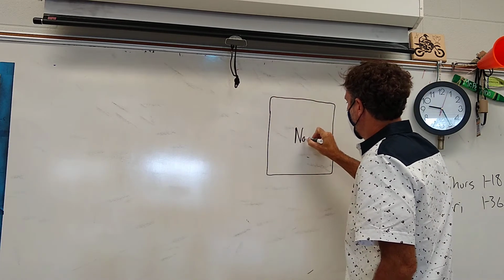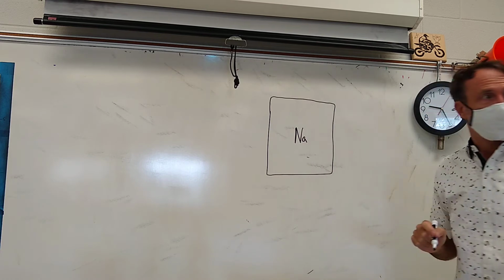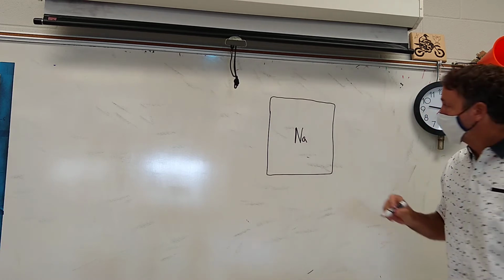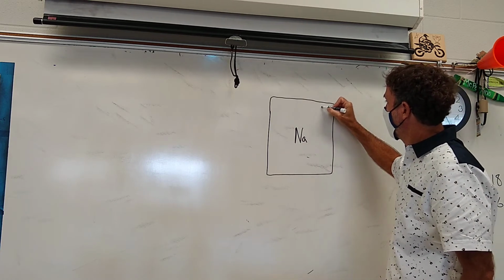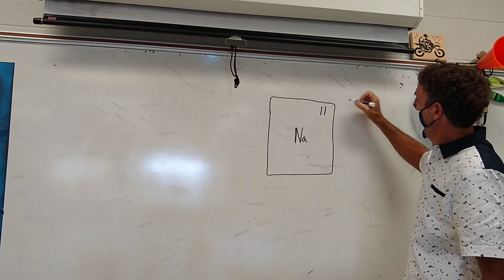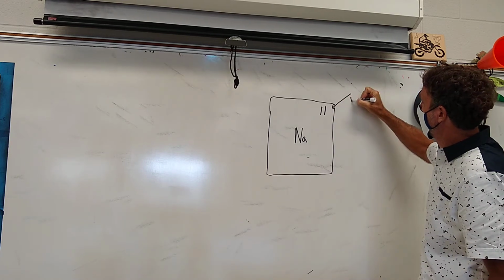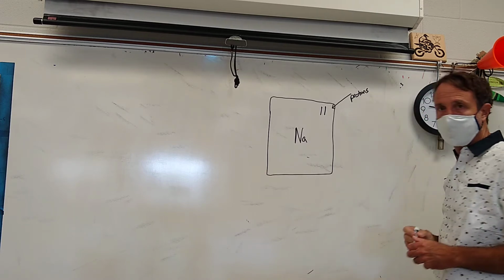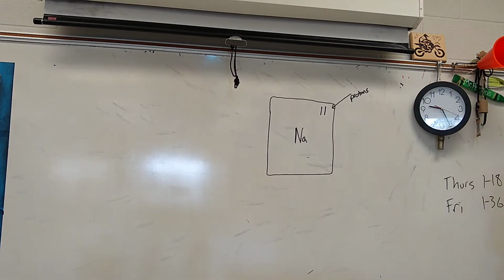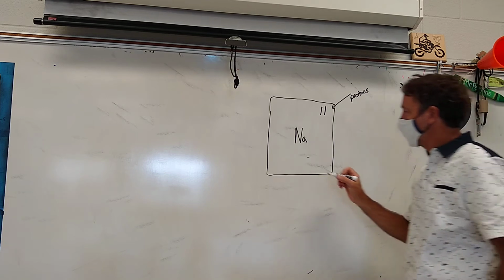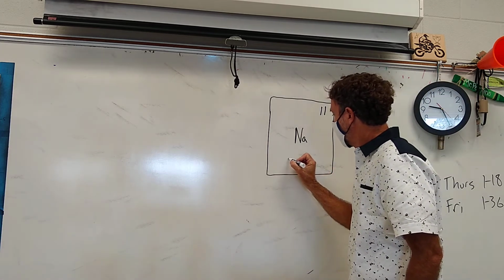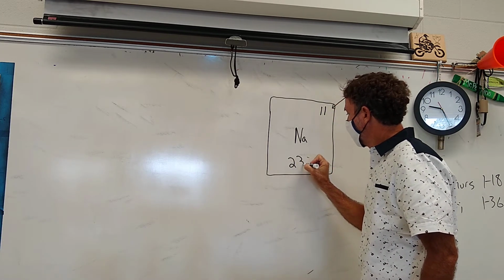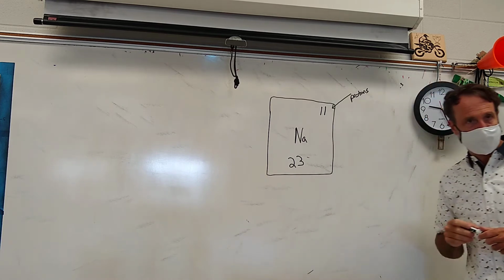In the middle of that card, we have the atomic symbol. And then up here is the atomic number. That is the number of protons. It's the most important number. And then down here, I'm just going to round it off, you have the atomic mass.